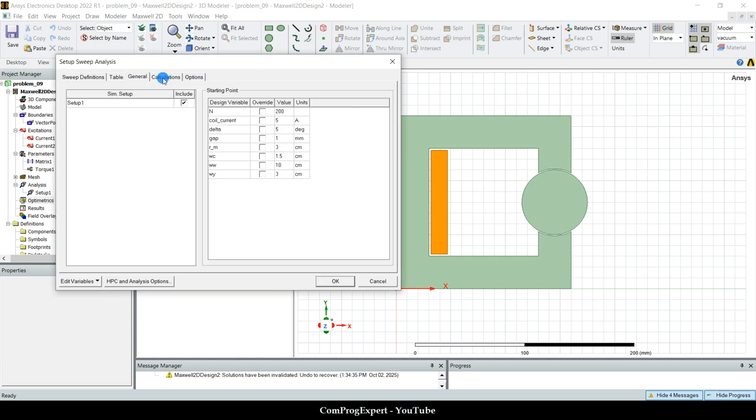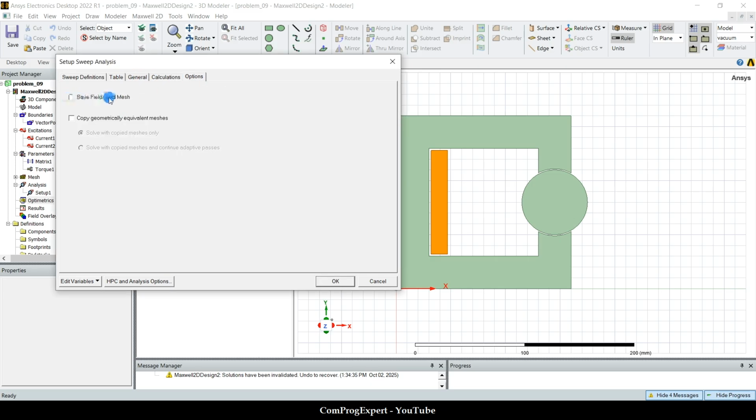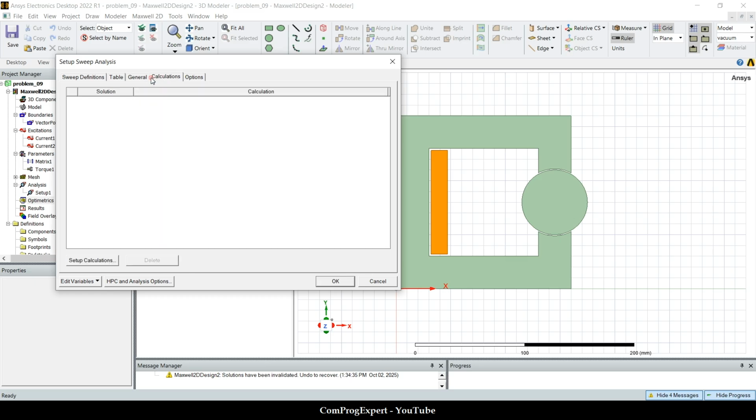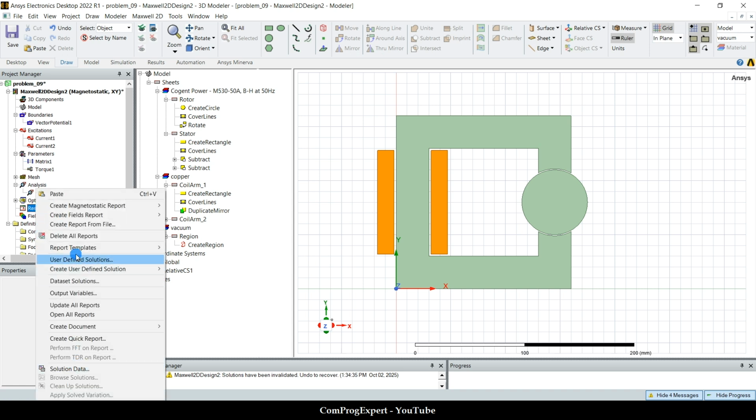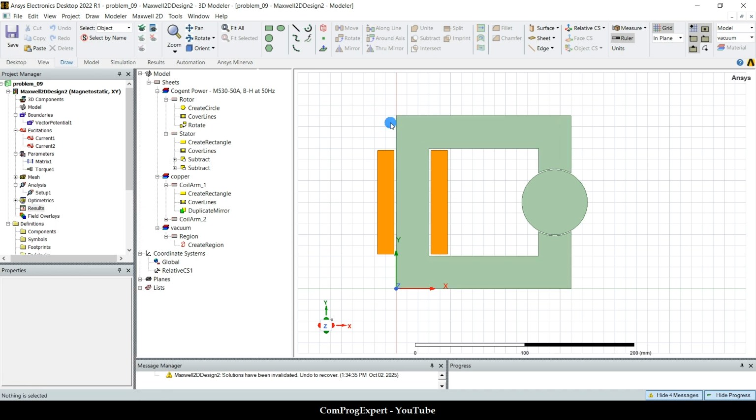Again, save fields and mesh data. All calculations are the same. Yes, let's clean up the solutions and run the simulation. In this case, we are changing the value of delta and rerunning the magnetic simulation to calculate inductance and torque.